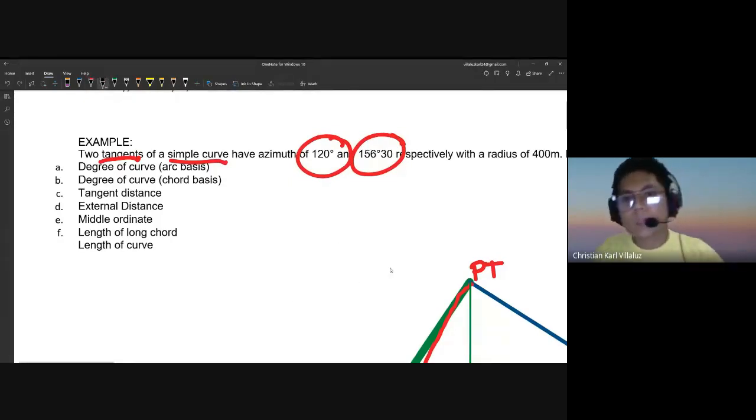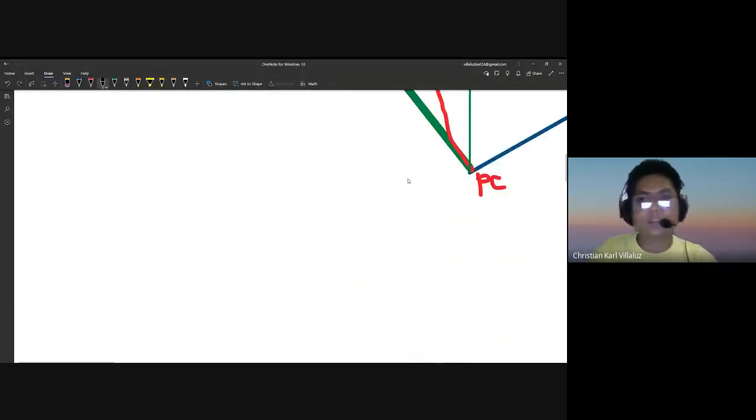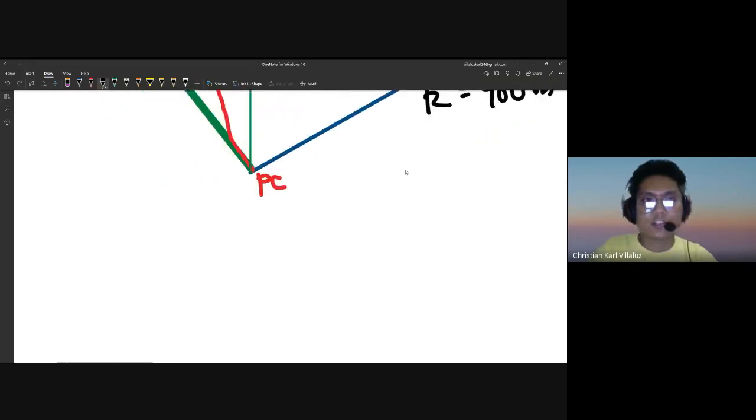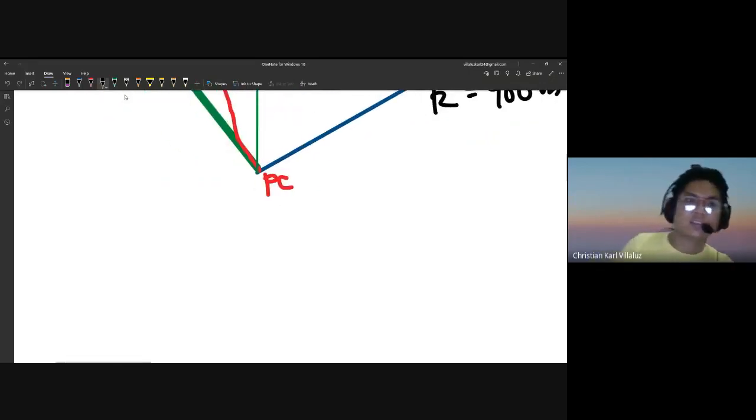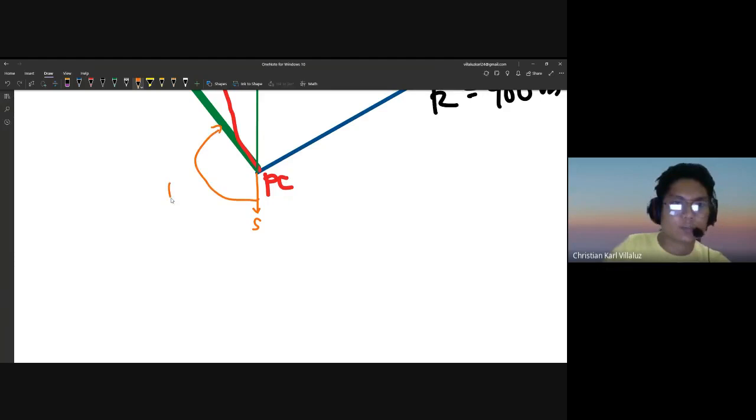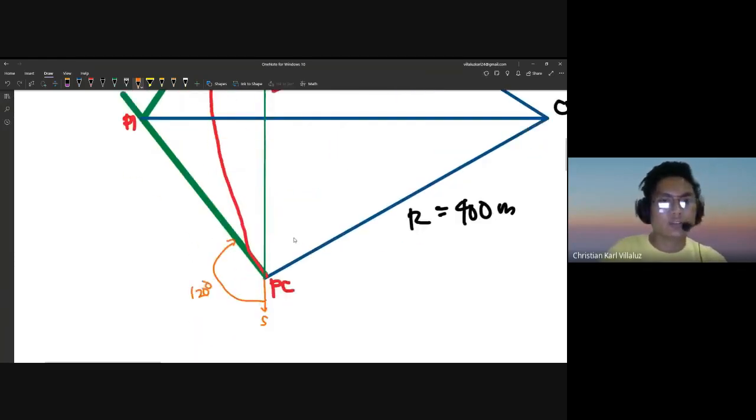So, since the azimuths of the tangents are given, that will be our basis right away. So, the starting point is 120 degrees. So, first, measure an azimuth from the south of 120 degrees. So, this is it. Then, draw a line that will serve as the tangent.